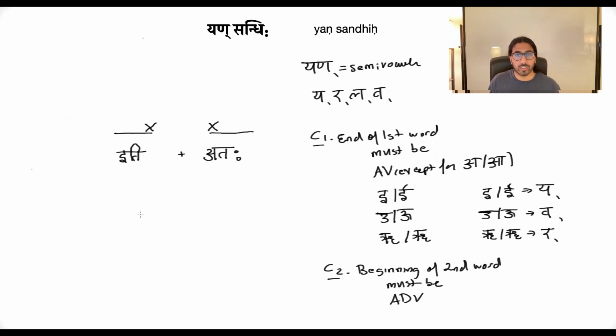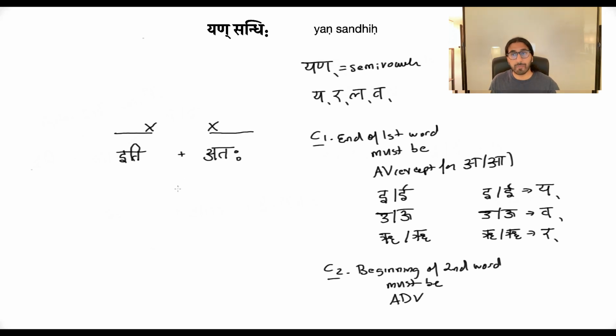Condition 1: the end of the first word must be any vowel except for a or ā. End of the first word, i. Condition 1 is fulfilled. Condition 2: the beginning of the second word must be any dissimilar vowel. Yes, it's an a. It's not an i or ī. So we have both conditions fulfilled, and we have yan sandhi.